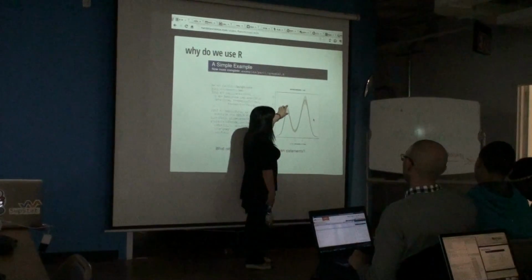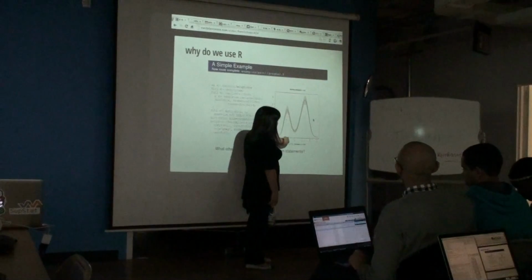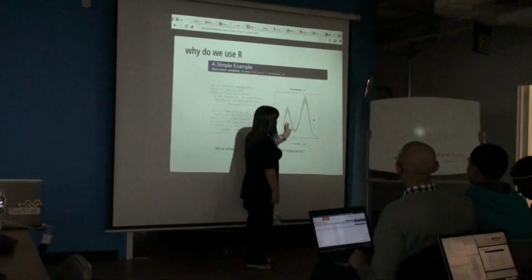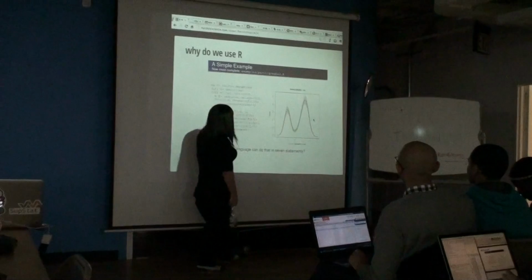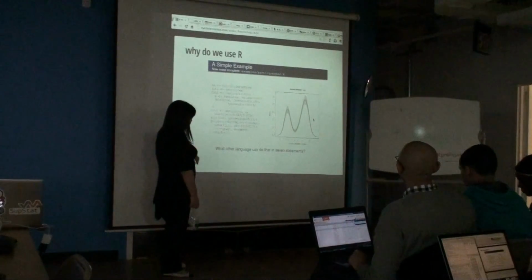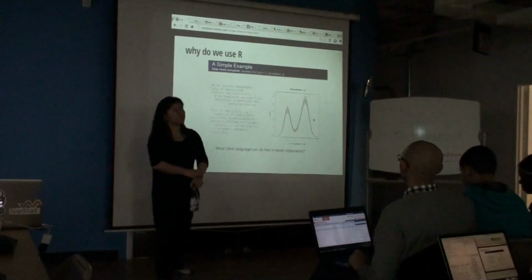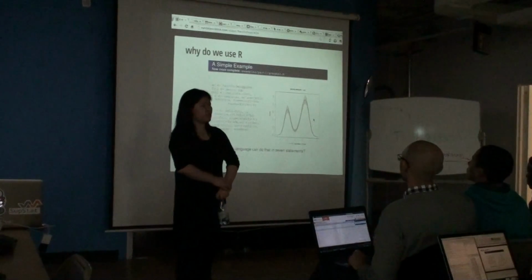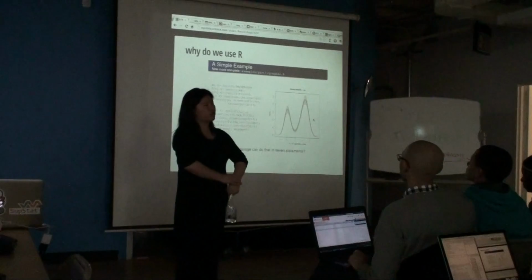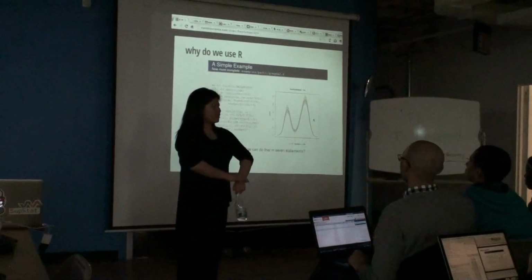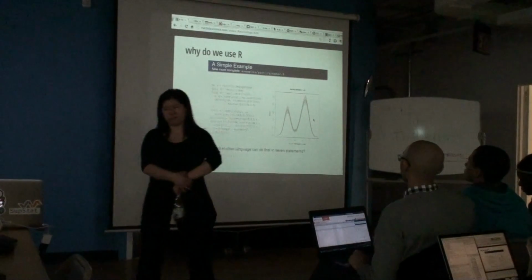What's the probability that at this time point and this time point we can see an eruption? There are only 7 lines of code. If you try to rewrite this in Python or C++, it's hundreds of lines of code. R can get this done in 7 lines of code.